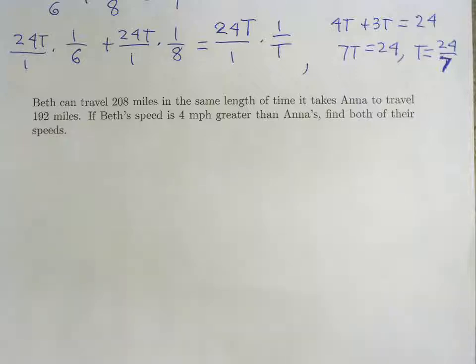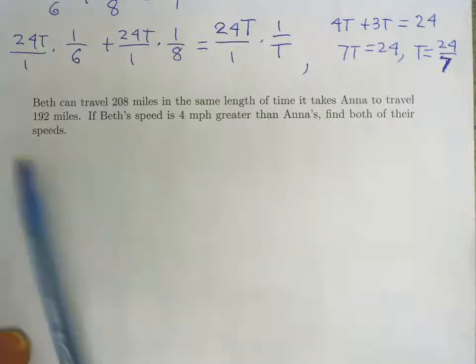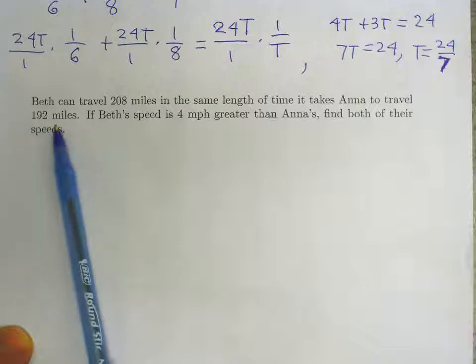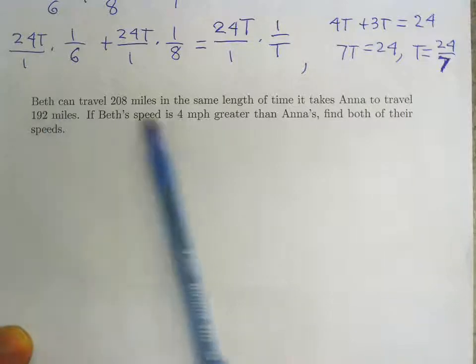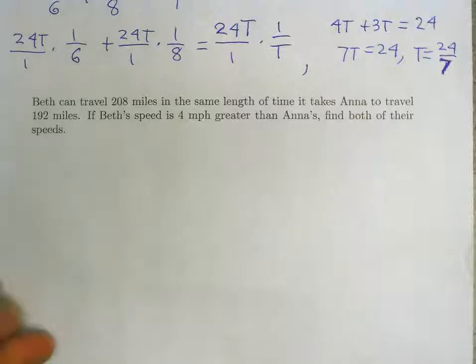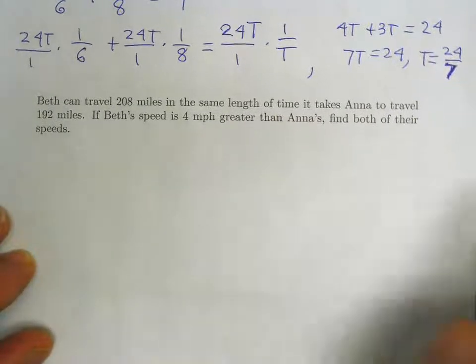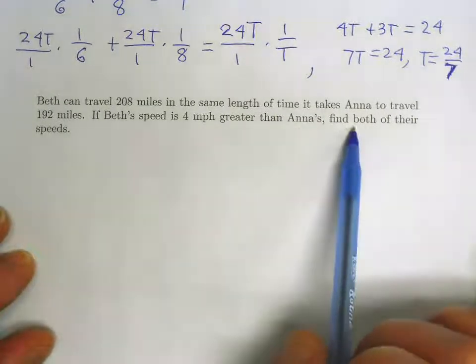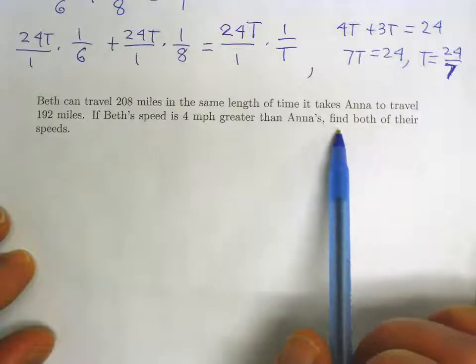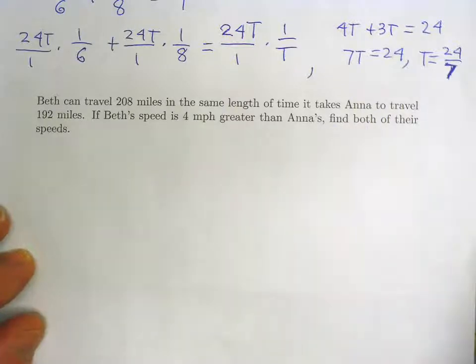Okay, so this involves equations of the form rate times time equals distance. And so we're going to write down an equation of that form, rate times time equals distance, for Beth and Anna. And we're supposed to find the rates, or the speeds, of both of them.